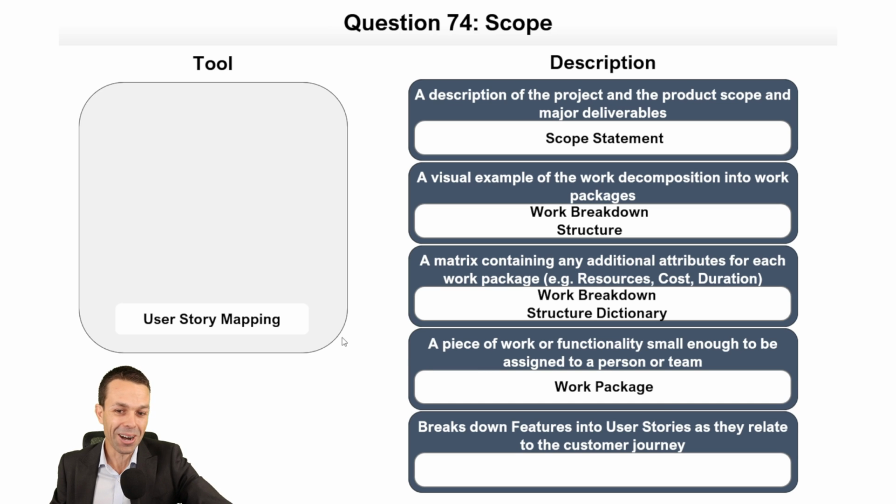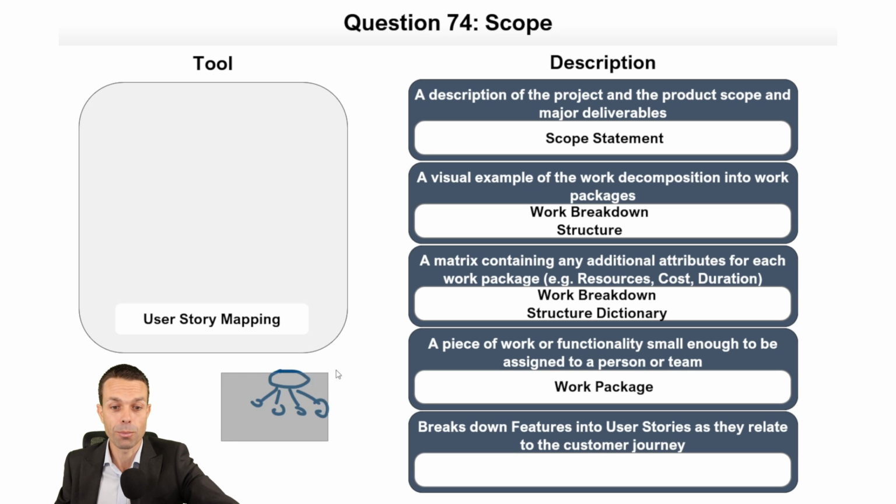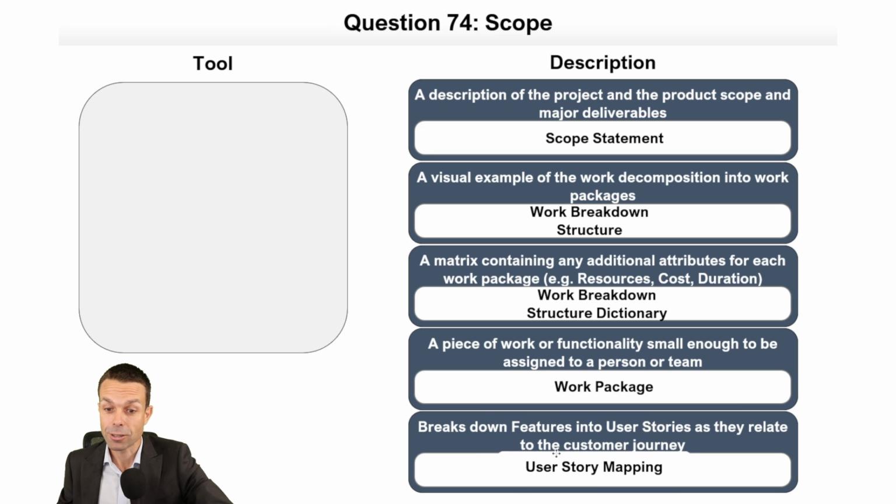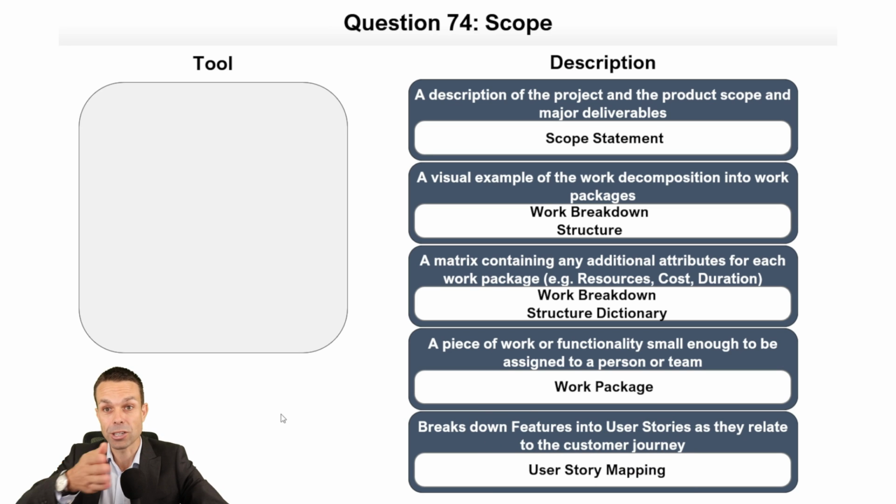But in Agile, if we're breaking down features, now notice it's the same concept, it's a feature, and we're breaking it down into user stories. We're calling it a different thing, but the concept is exactly the same. User story mapping. In fact, user story mapping, we're doing it on the customer journey as well. So maybe we've got a customer step-by-step little flow chart.